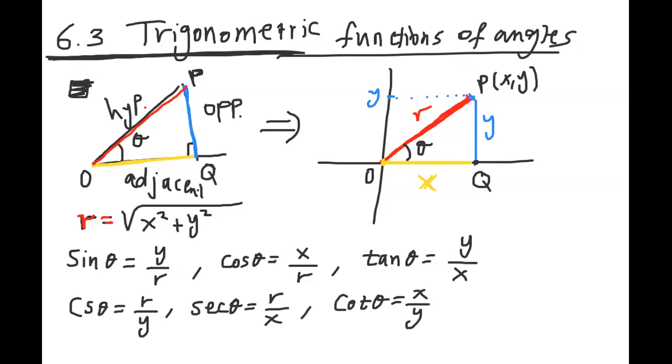So by transforming the graph of the triangle to the standard position, we can find the sine, cosine, tan, and any trigonometric function for any angle. If my angle is not acute, we send it to the XY plane, then we can find the sine, cosine, tan, cosecant, secant, and cotangent.